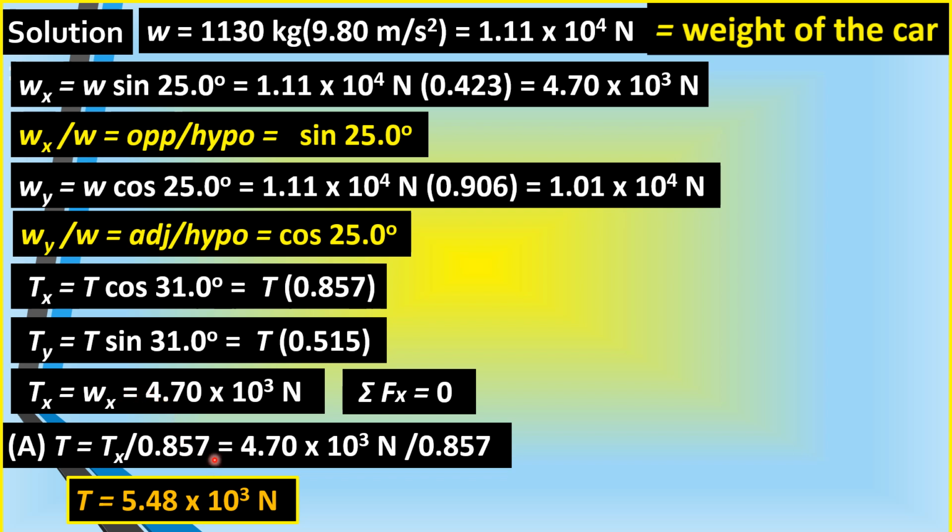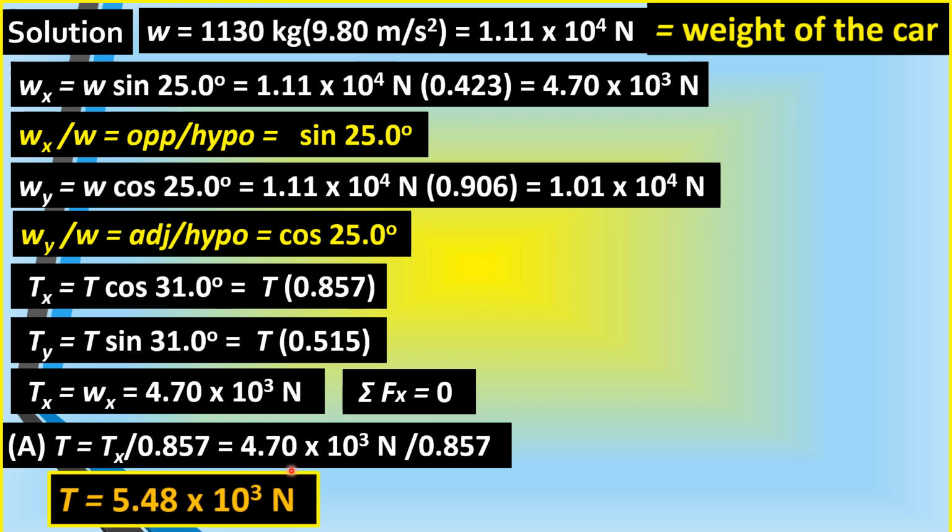So using the equation Tx equals T multiplied by 0.857, the cosine of 31.0 degrees, we were able to get the value for the tension of the cable. T equals 5.48 times 10 to the third power Newton.